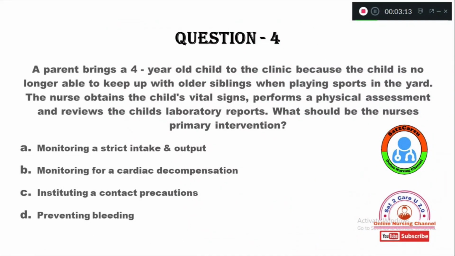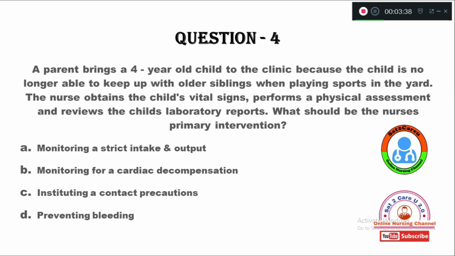Question number 4. A parent brings a 4-year-old child to the clinic because the child is no longer able to keep up with the older siblings when playing sports in the yard. The nurse obtains the child's vital signs, performs a physical assessment, and reviews the child's laboratory reports.